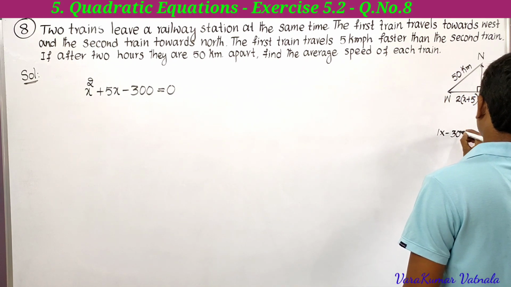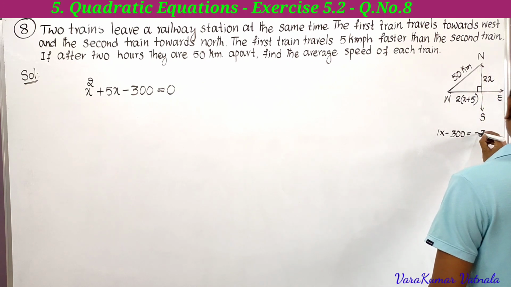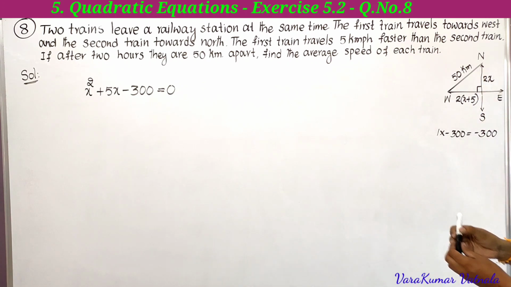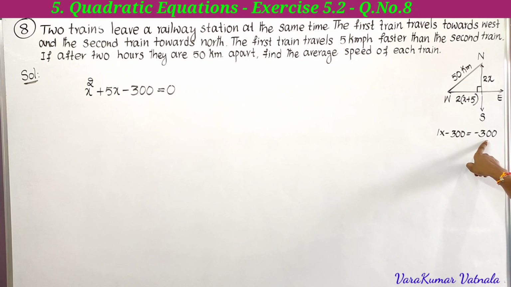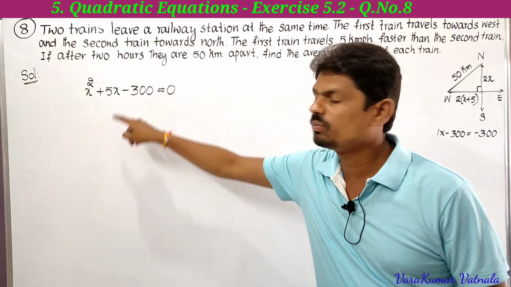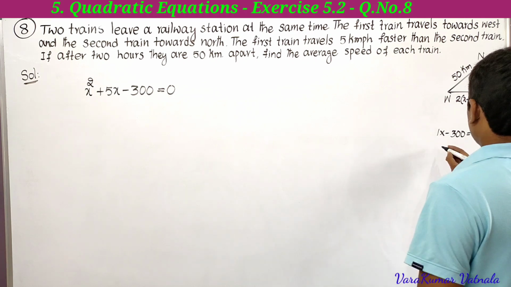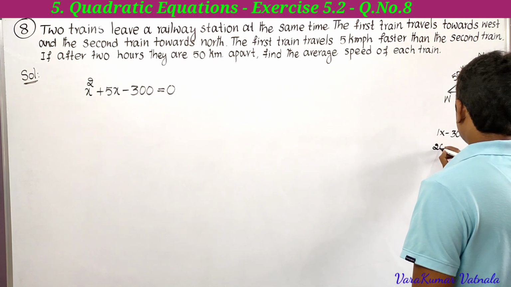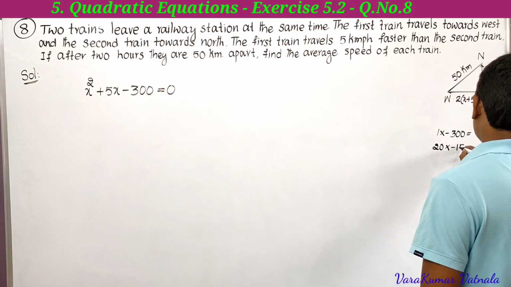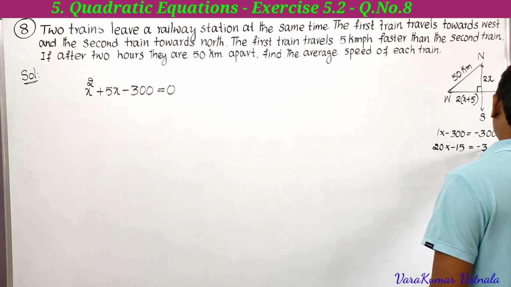Now we have to select two factors for minus 300. The condition is their product should be minus 300 and sum should be plus 5. Here it is very easy. 20 into minus 15 is equal to minus 300.